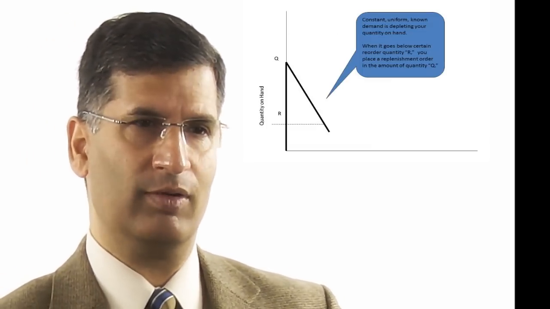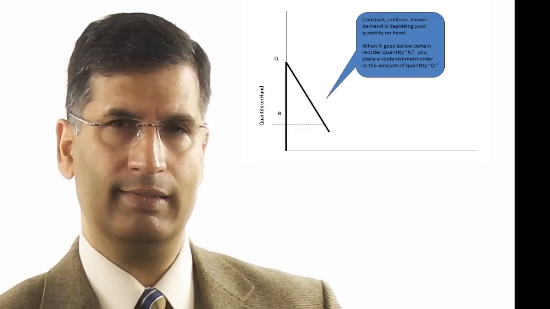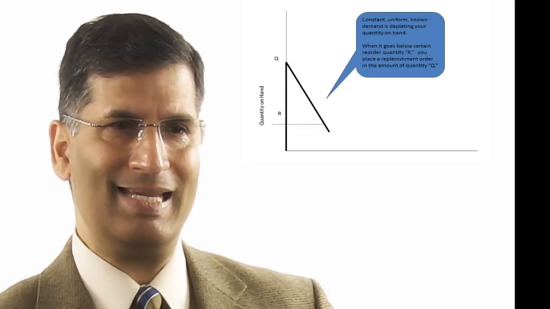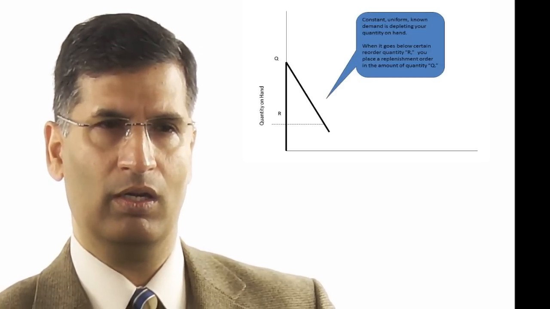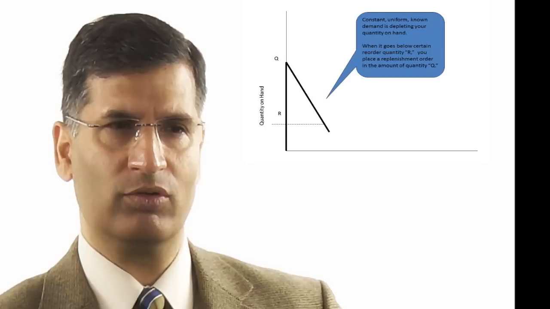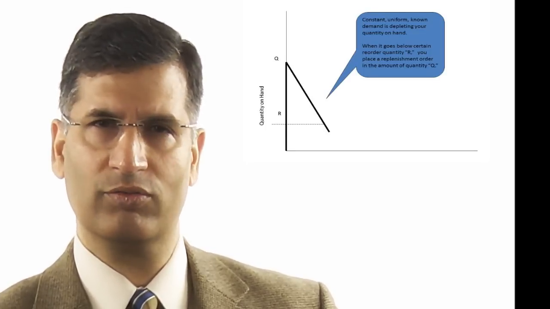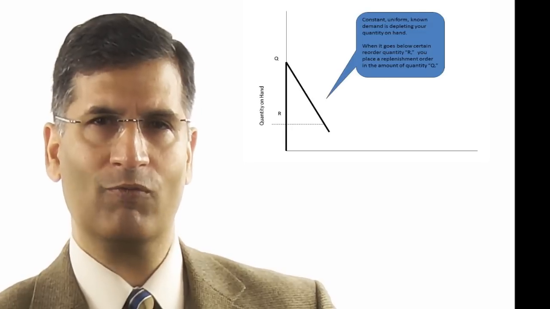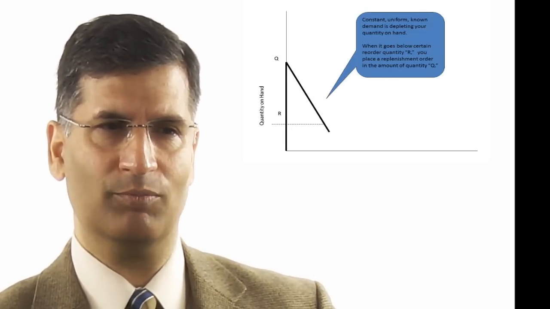You begin with some quantity Q, and that quantity is depleted at a constant known rate. As soon as it goes below some reorder point known as R, an order will trigger, and you will continue depleting these items.